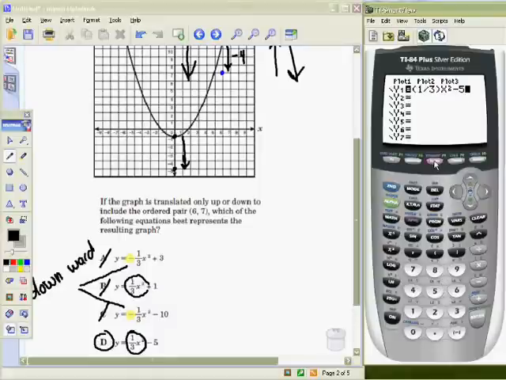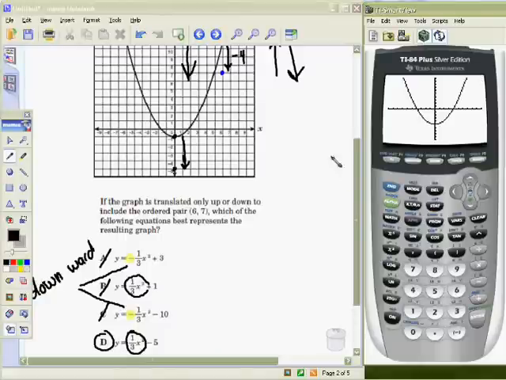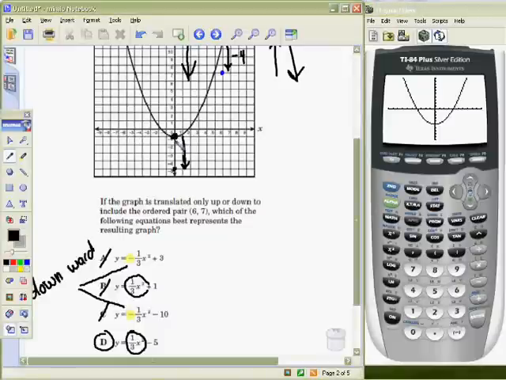Remember to graph using Zoom 6. That takes you to the standard viewing screen, which is basically what we have here. Now I've graphed this one, and you should be able to see that from this point it went down the 4 units, giving you this graph right here.